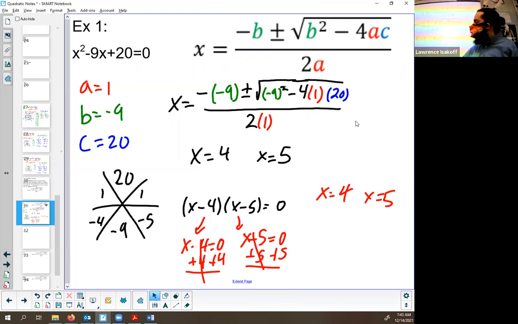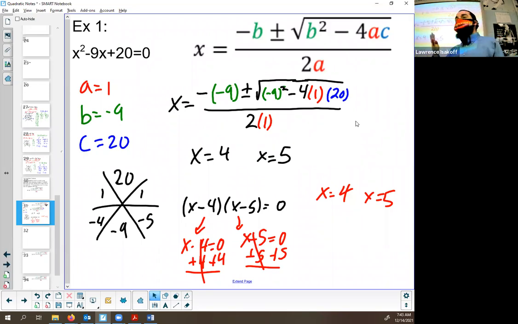I know I went a little fast through solving using factoring there, but it doesn't matter if I solve using factoring or the quadratic formula. However, for today's practice, I want you using the quadratic formula on all of them, even if you see how to factor it, just so you get the practice with it, because I'm telling you right now, on your quiz, you're going to have one problem you have to use the quadratic formula on to solve.